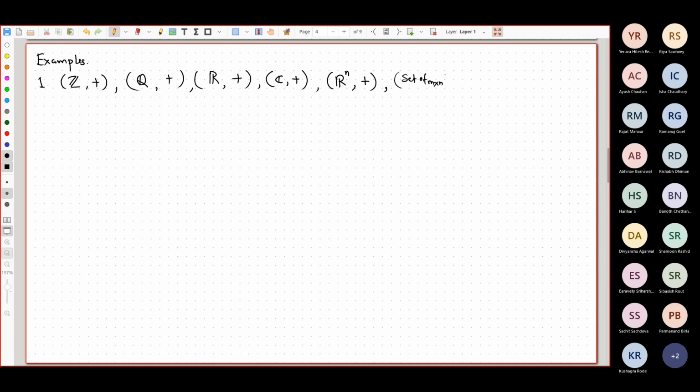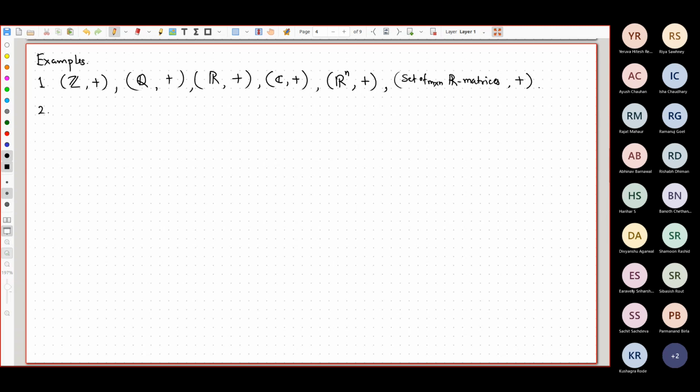The entries of the matrix themselves could be over any group. That is fine. Still, I can define addition of matrices. So m cross n real matrices under matrix addition form a group. So all these are groups.